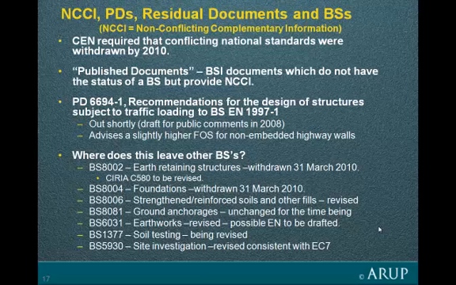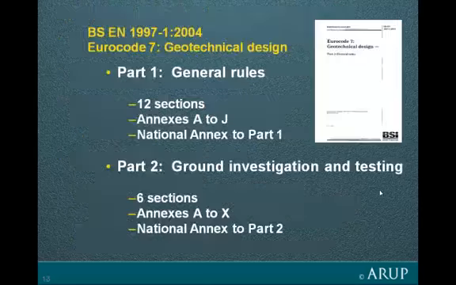Hopefully the European document will overtake that fairly soon. BS 6031 is still existing. It's been revised. There will in the future be a European earthworks document, but that's not coming yet. BS 1377 is being revised, really because sections are gradually being withdrawn as they're being replaced by European sections. And BS 5930, as I said, has been completely revised and is consistent with Eurocode 7, so that still exists.